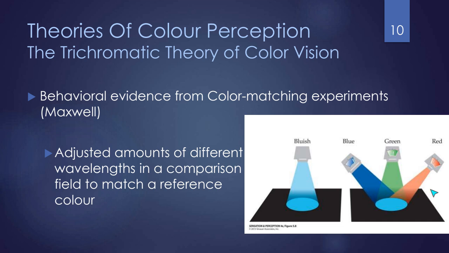If you were participating in Maxwell's experiment, you would use these 3 primary colors to exactly match another reference color. That would be this one here, the kind of bluish or cyan looking light. So what you would do in this experiment, you're going to adjust the different wavelengths of light in these 3 to try to match that reference color.